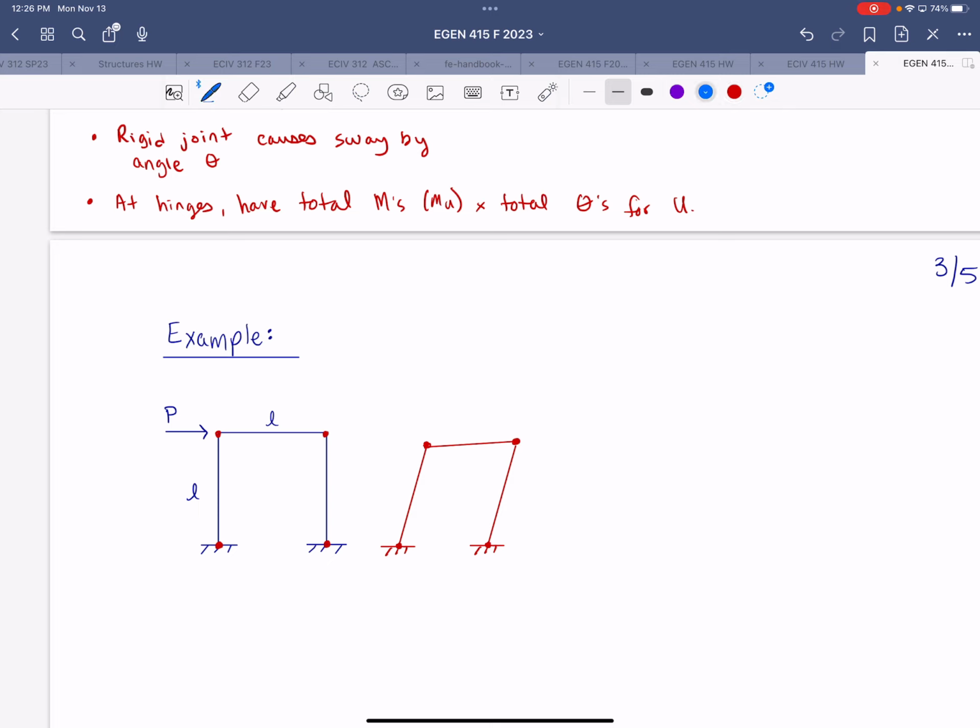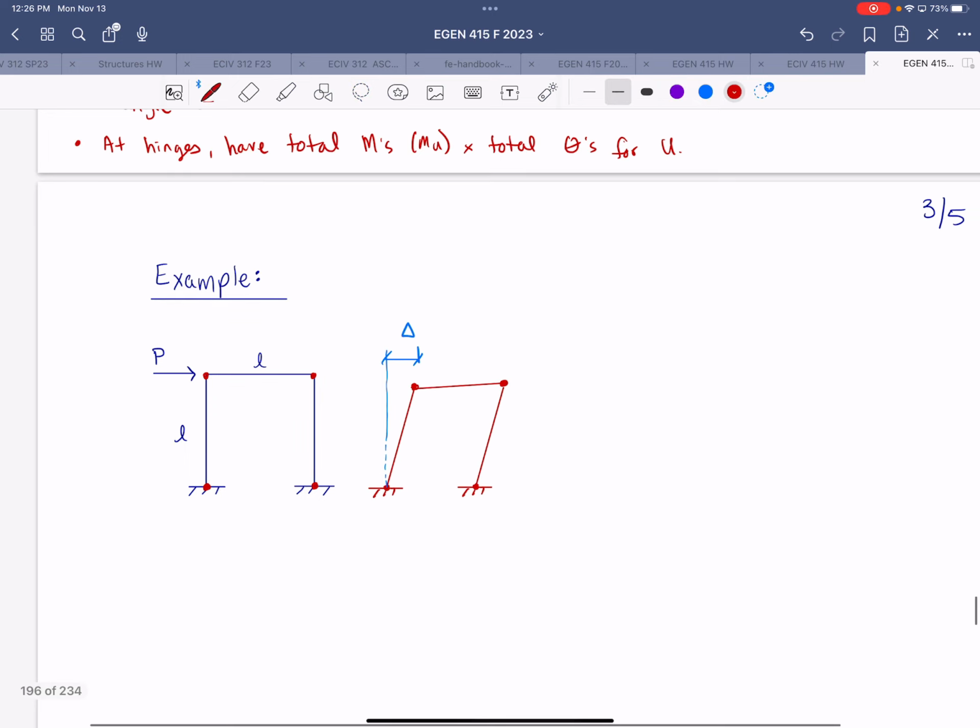All right, so I'm also going to sketch a vertical line there. So this distance, delta, is the total distance that the frame sways laterally. We're going to have mu at all the hinges working in the direction to prevent the collapse.